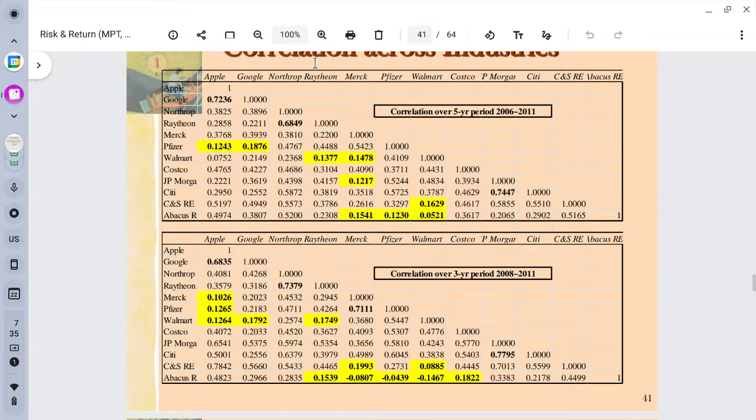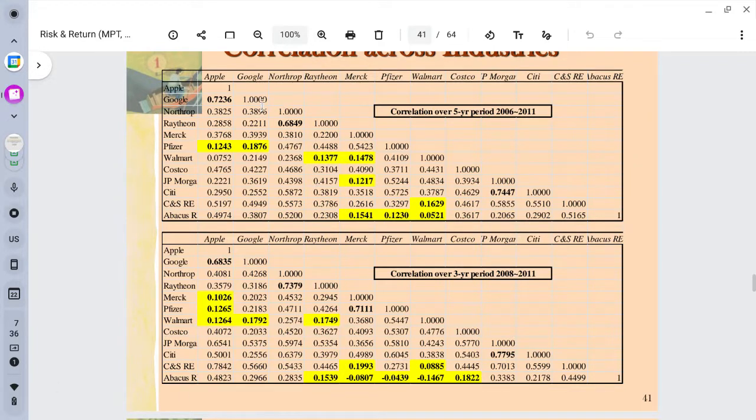Even with an identical twin, there's something slightly different, right? And between you and your siblings, the correlation will be high. Between your parents and you, the correlation will be high. At least you have 50% of your father and 50% of your mother, right?